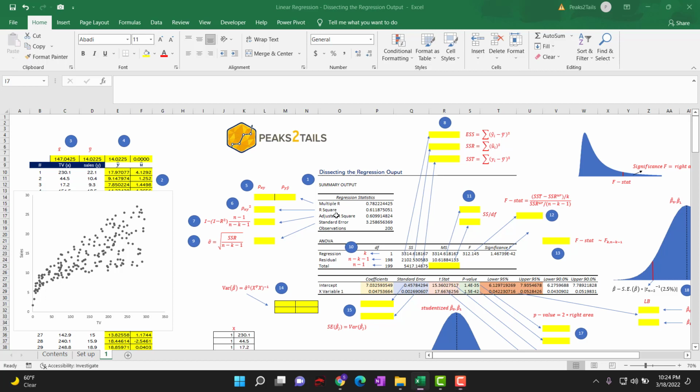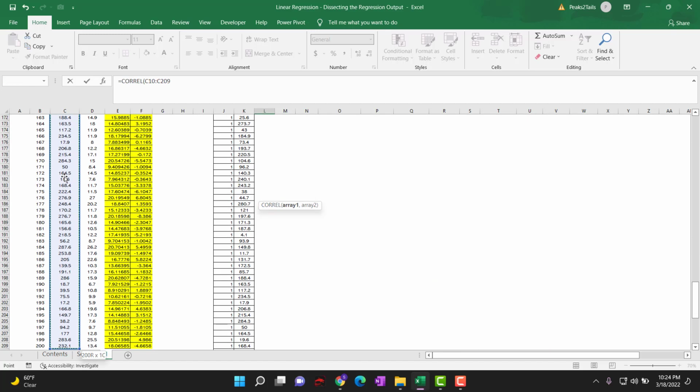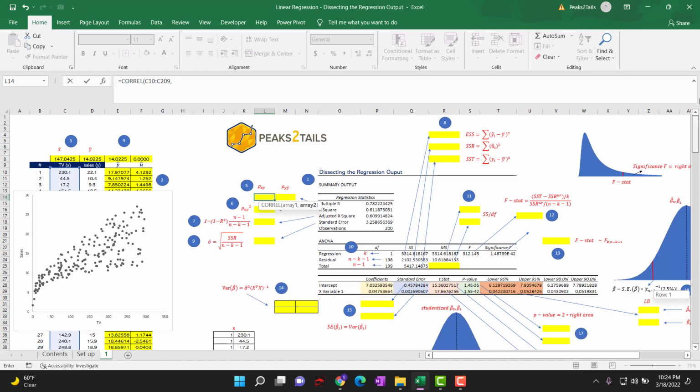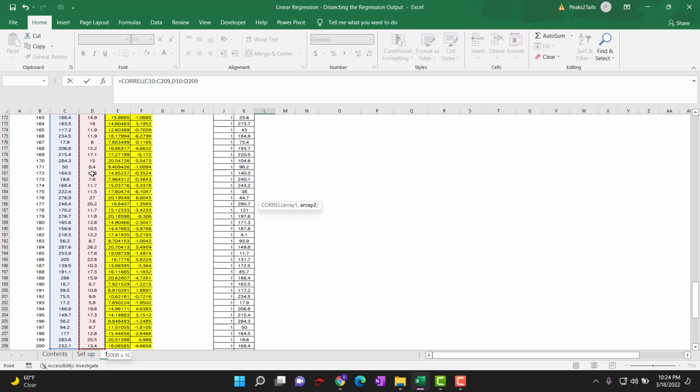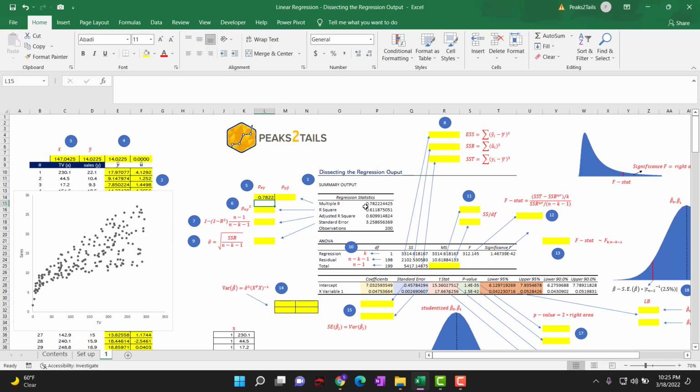Next, let's look at this output section right here. The first one says multiple R, which is 0.7822. This is really nothing but the correlation between X and Y. So let's verify that. Correlation X comma Y, and we match the result.